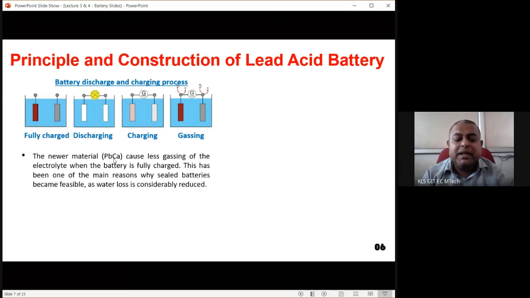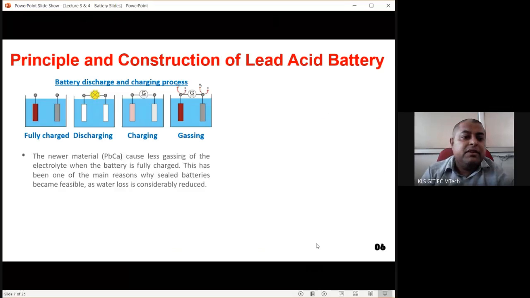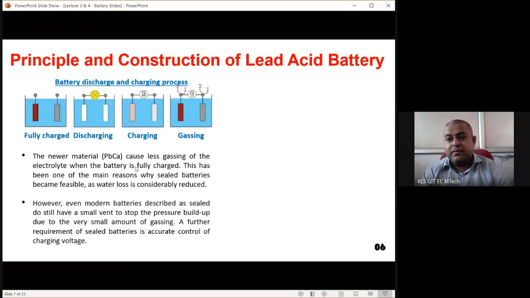The newer material PbCa, that is lead calcium, was shown in the previous slide. The newer material PbCa causes less gassing. Previously they were using lead antimony; nowadays they are using lead calcium. Lead calcium causes less gassing of the electrolyte when the battery is fully charged.